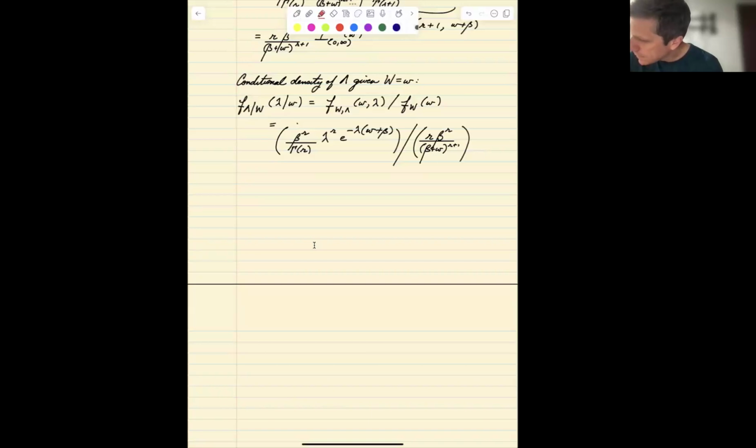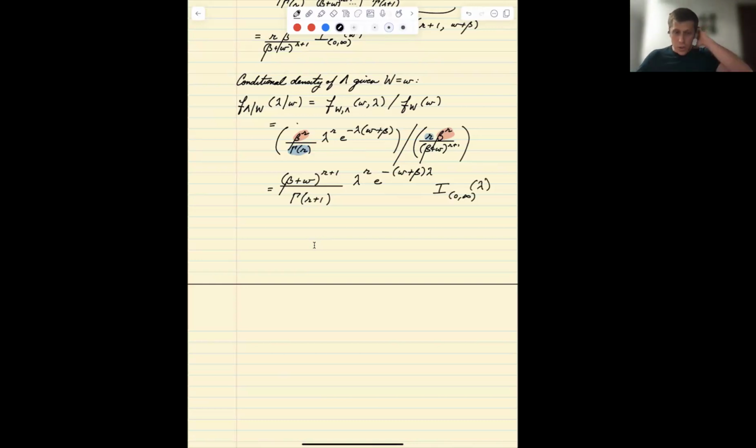So this cancels. We have an R here and a gamma of R here, so that's going to be gamma of R plus 1. We flip the (beta plus W) to the R plus 1 up top. And we have lambda to the R e to the minus (W plus beta) lambda, and this is for positive values of lambda.